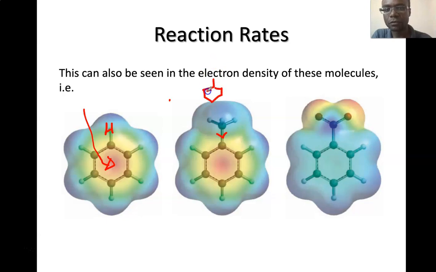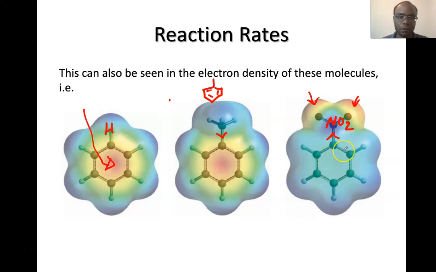So with these first two, you see that the electrons are right there in the middle of the structure, but here the electrons are outside. You see the electron density is outside the structure. This is the case where you have NO2. So NO2 is deactivating, pulling electrons outside from the ring. So you have this ring deactivated.